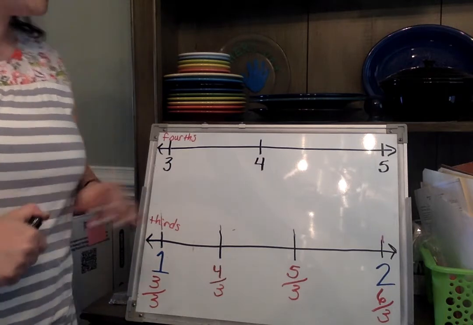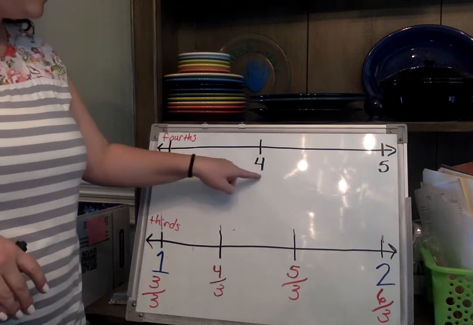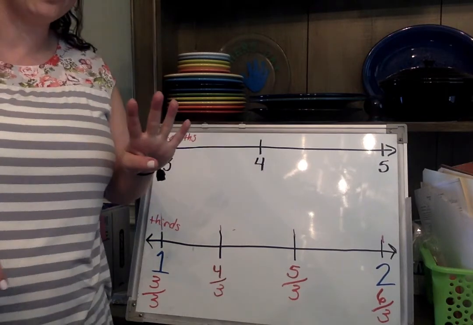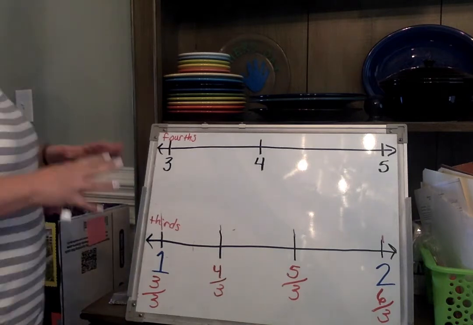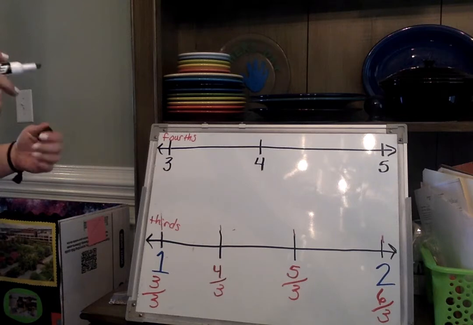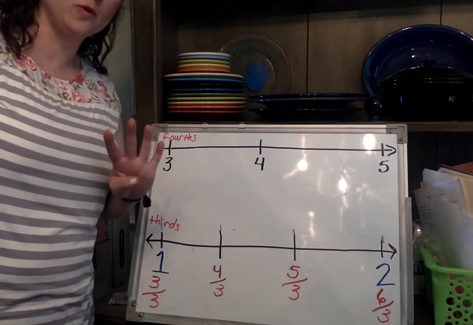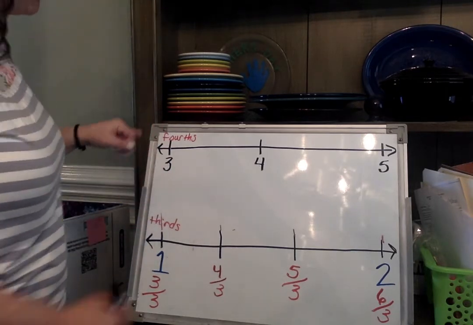I want you to stop the video, and I want you to just draw the lines to divide between 3 and 4 into fourths, and between 4 and 5 into fourths. So stop the video, just draw the lines. Okay, if you drew 4 lines, you didn't do it correctly because the lines don't represent the fraction.